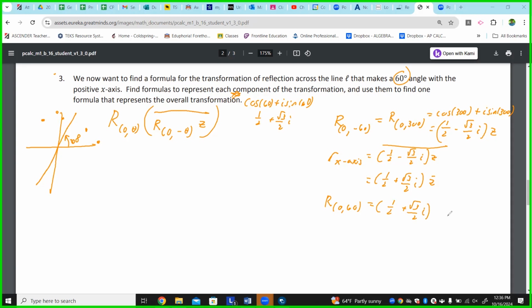So that's the guy that I now need to multiply by this guy, which happens to be the exact same thing. Ain't that bad, guys. After that, how do I multiply two complex numbers? Distribute, FOIL. 1/2 times 1/2. 1/2 times the square root of 3 over 2i.